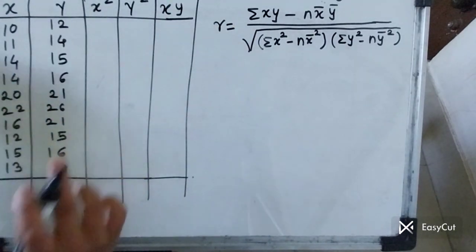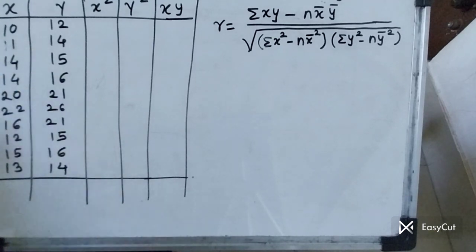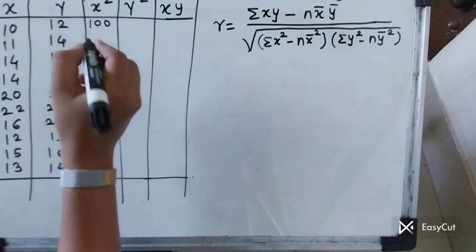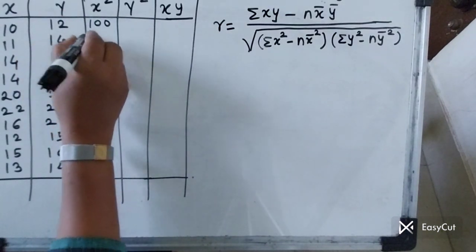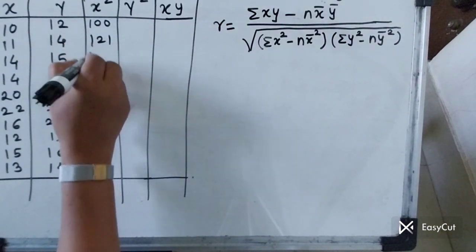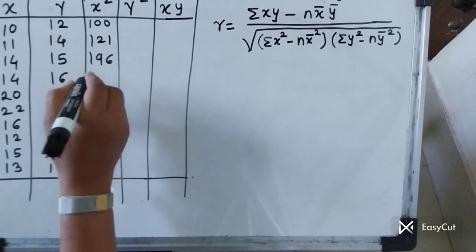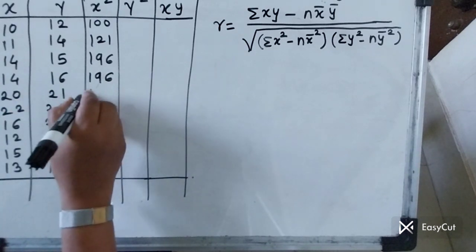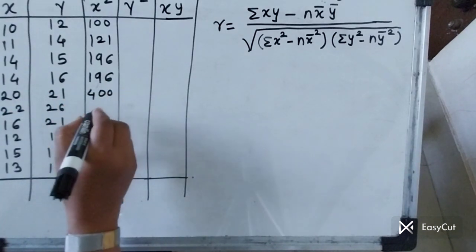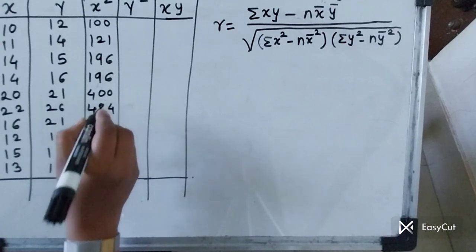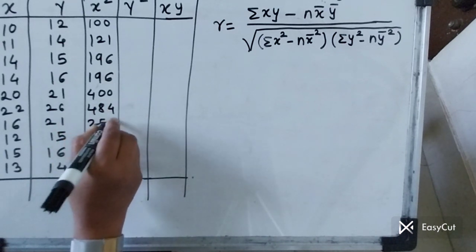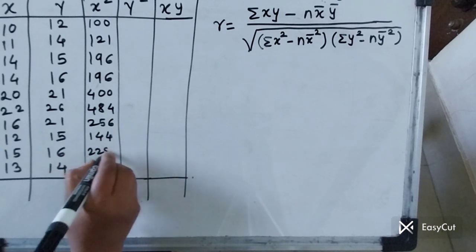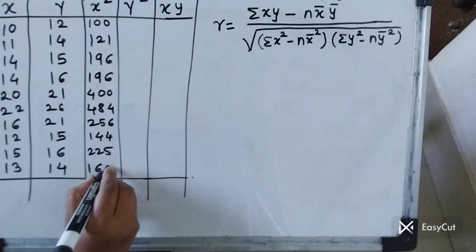Okay, x square means square of these observations. Square of 10 is 100, square of 11 is 121, 196. Calculator is allowed. Put the value in the calculator and find out. 400, 484, next 256, 144, next is 225, and next is 196.